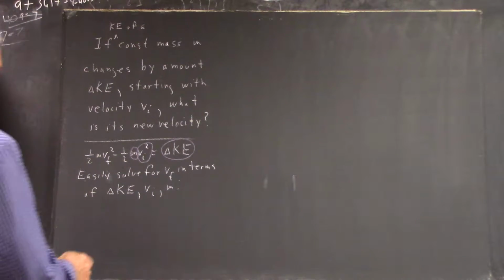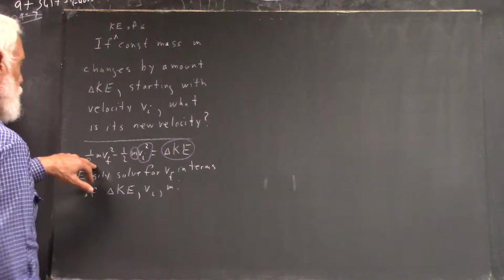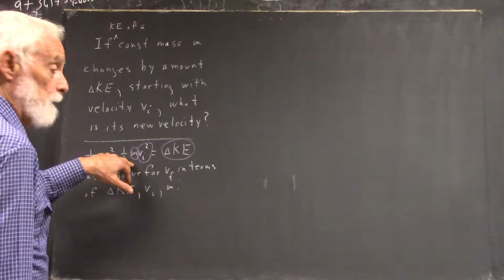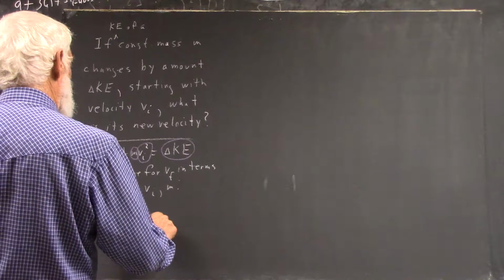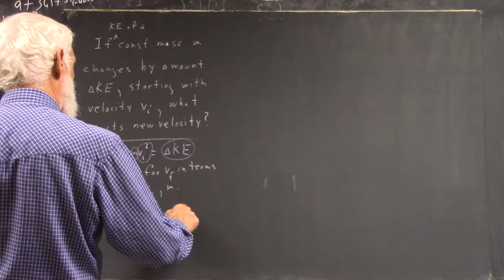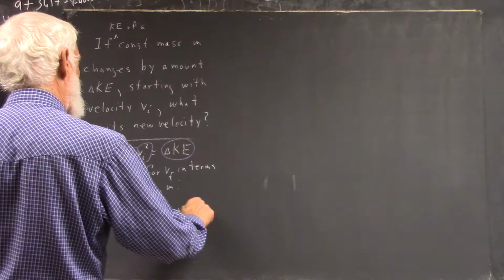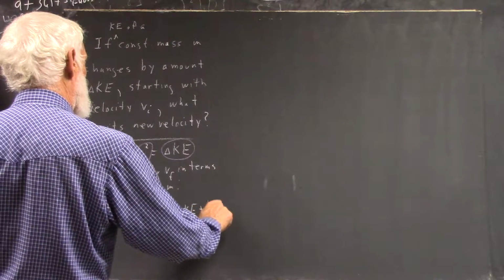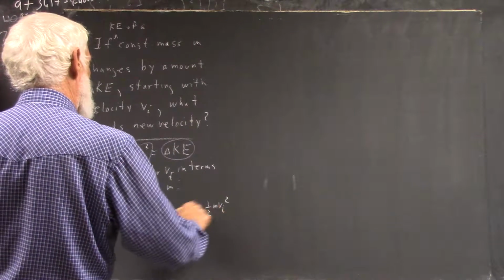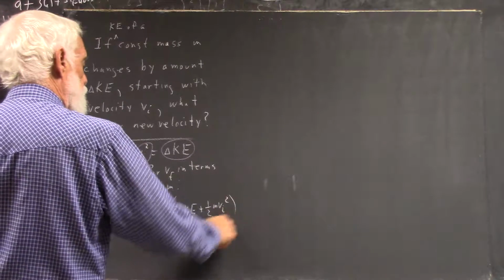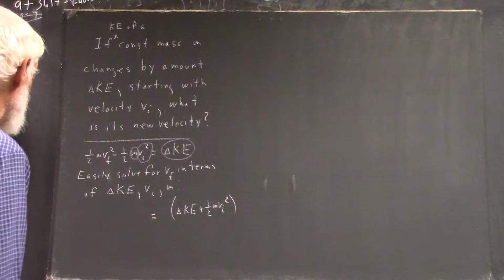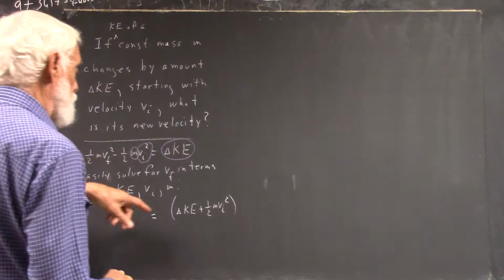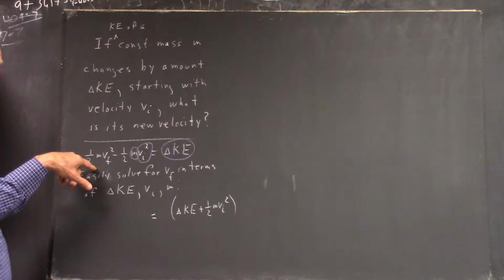And we see that one half m v_f squared is going to be delta KE plus one half m v_i squared. So we're going to have this on the right-hand side of the equation. And on the left-hand side, we're going to have one half m v_f squared.